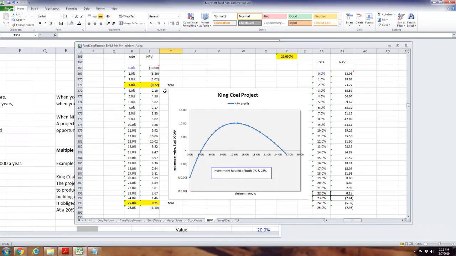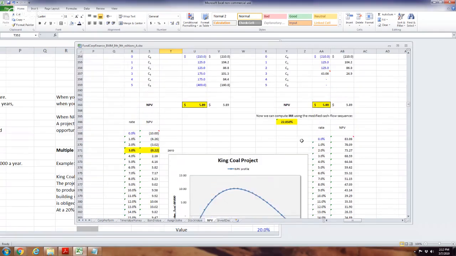Here we didn't break it down into more decimals than that. Okay.